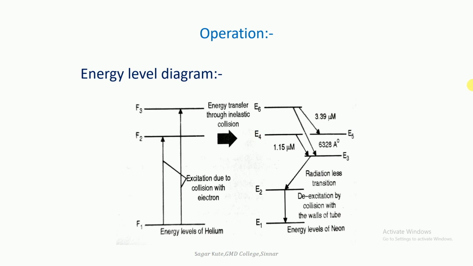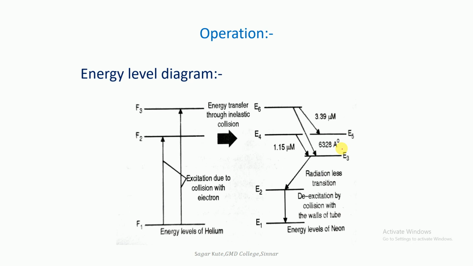A photon with energy h mu equal to E6 minus E3 stimulates the transition to the level E3. During this transition, radiation is emitted with a wavelength of 6328 angstrom, which is the very popular line of the helium neon laser, that is this one, E6 to E3 is 6328 angstrom. From the energy level E3, emission of radiation is observed spontaneously to the energy level E2.